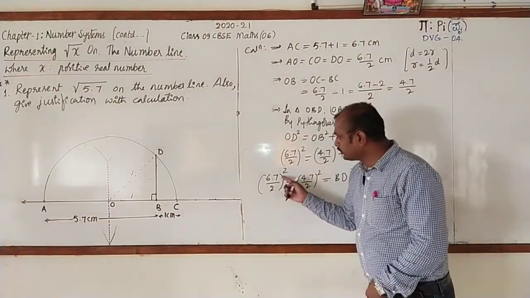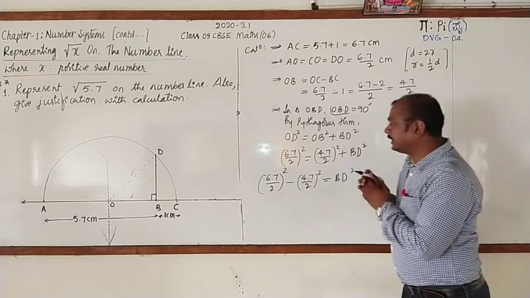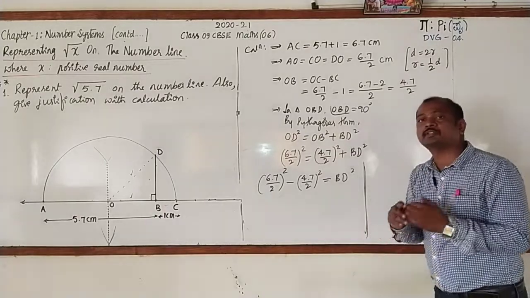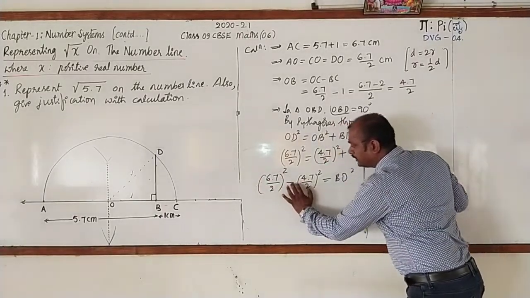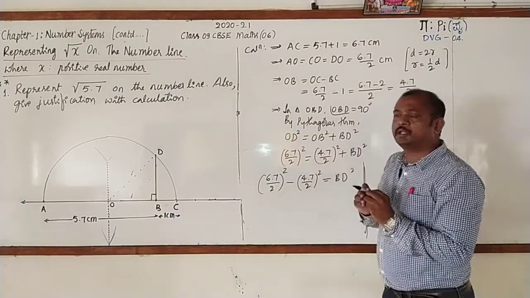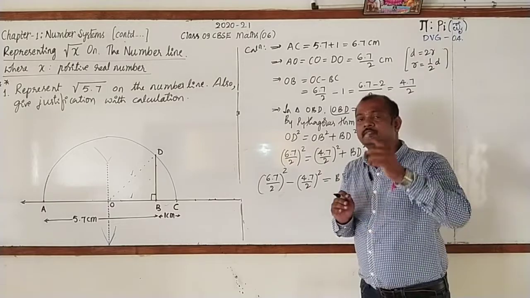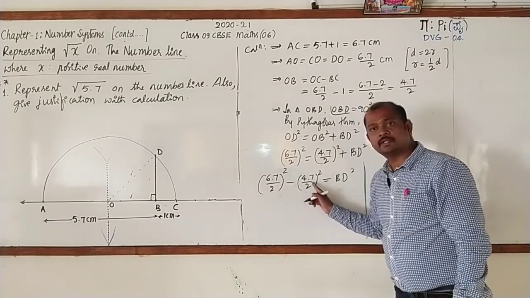If you go for using square of these numbers, you may find it difficult. That is why. Then what can be done? You can just go for using your previous year concept. See that here a square term minus another square term. Then do you think that it is in the form of an identity? Yes. What is that identity? It is a square minus b square.